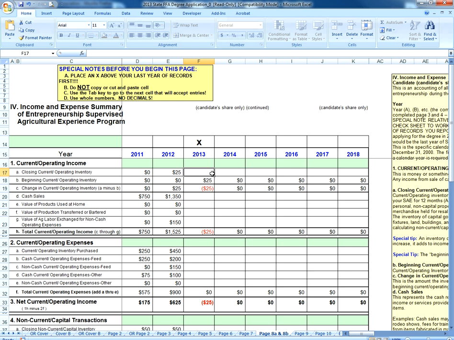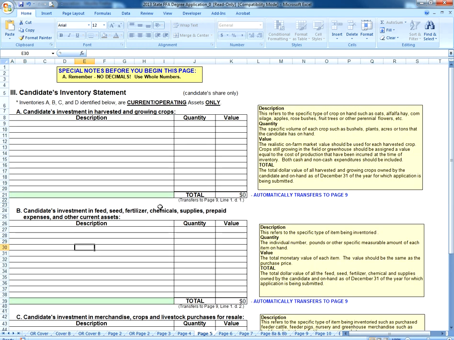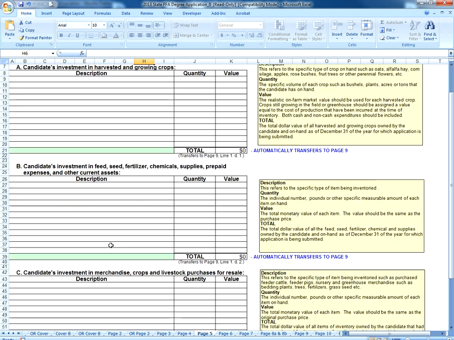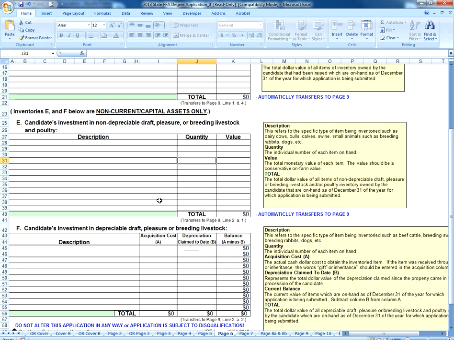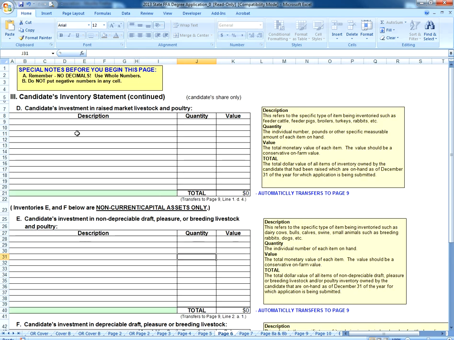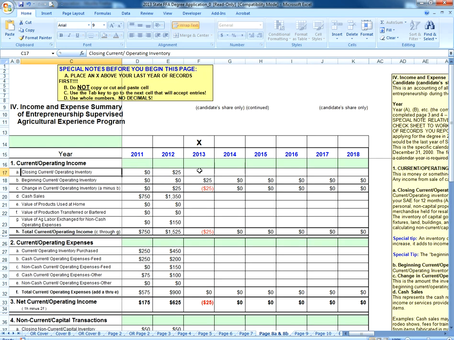I recorded this in the State Degree application, and it's saying closing current operating inventory. Well, we did pages 5, 6, and 7. Page 5 is that current operating inventory. And so if you listed items here and they have a value between pages 5 and page 6, because the top one here is still current, whatever that total was better be the same total that's here that you ended the year with.